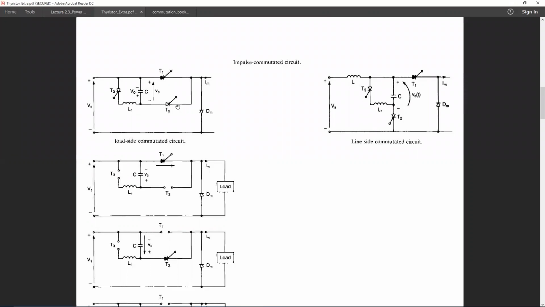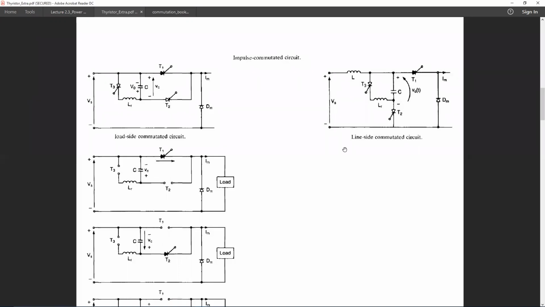So if we connect this portion directly to the negative side of the source voltage, like in this case, the charging or discharging of the capacitor happens independently of the load. So whether the load is connected or not, the auxiliary circuitry will be charged. So these are the differences between line side and load side commutation.